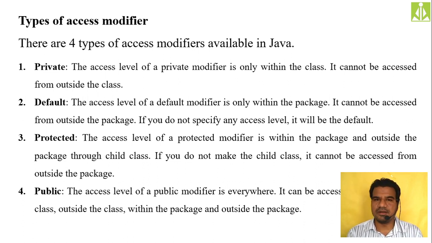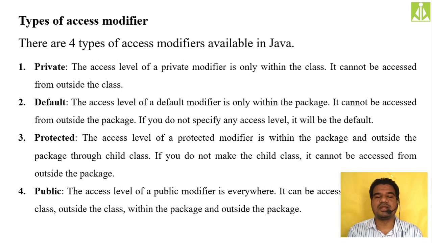Then protected, it is going to have a special role in inheritance. Only the child classes or only the subclasses will inherit this protected, and out of the class we cannot access. And this is also going to have some special meaning in inheritance.